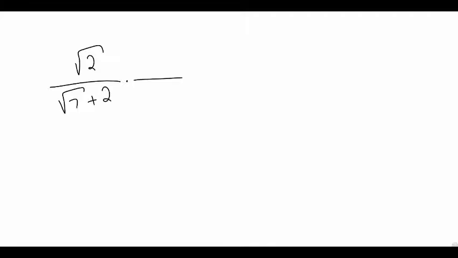Well, if we remember that a binomial times its conjugate, a plus b times a minus b, is simply a squared, the square of the first term, minus b squared, the square of the second term, we can use that here. Let's see what happens. This is, again, the conjugate. That's the word conjugate.